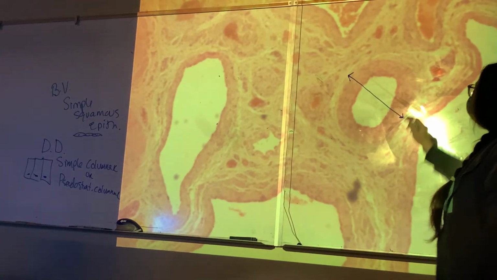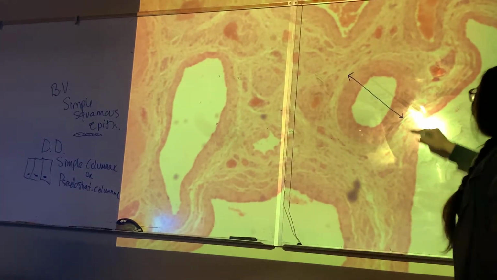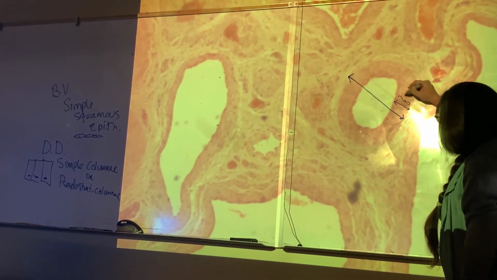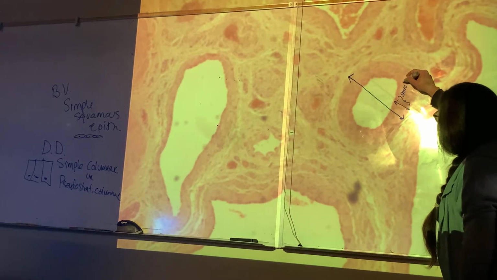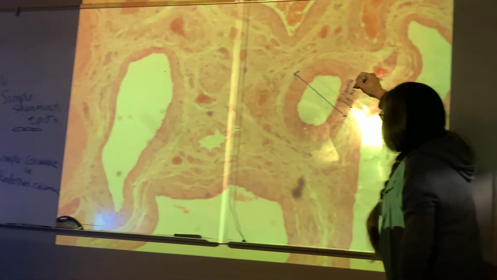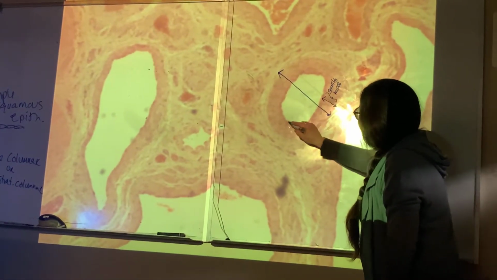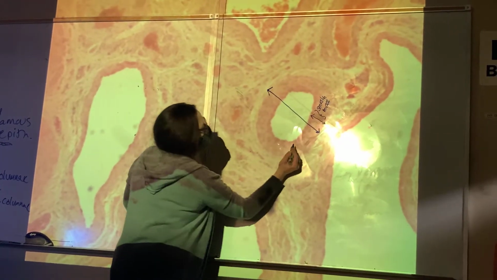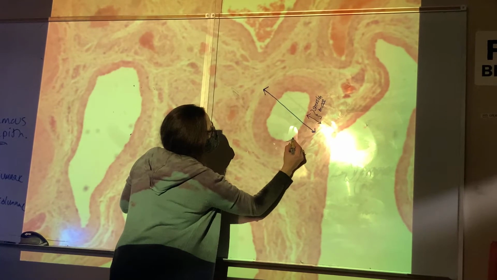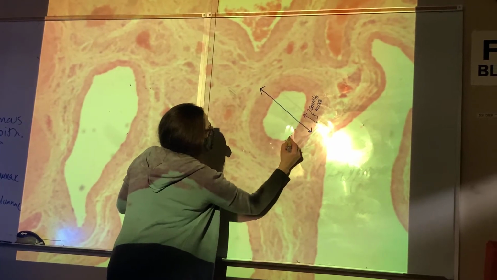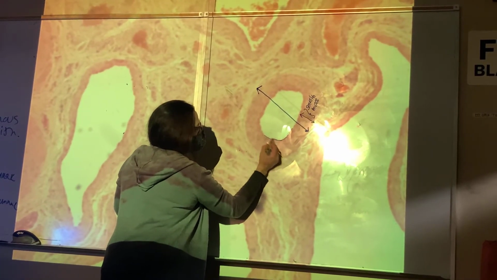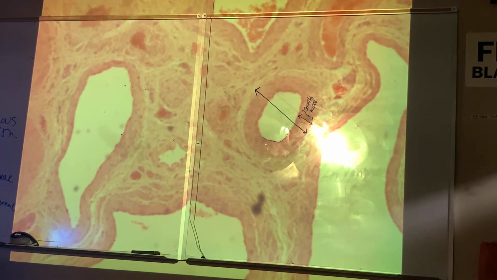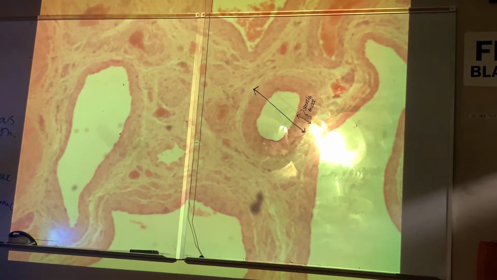You can see that it's round also, and it has a fair amount of smooth muscle, but definitely nowhere near what we just saw. When you look in here at the epithelia, there's a darkness, but it's real thin, just a thin layer right here, because that's simple squamous epithelia. It's just hard to see because the cells are so small, so short.